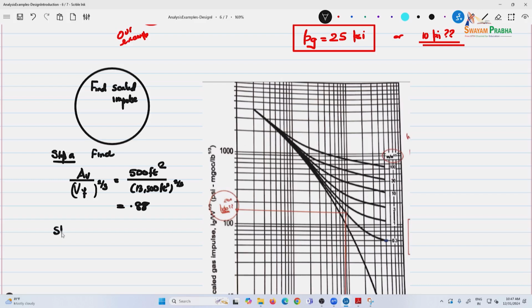And then the second step here is to find the ratio of the weight of the frangible element to the weight of the TNT. We have not given this, we are not going deeper into this.